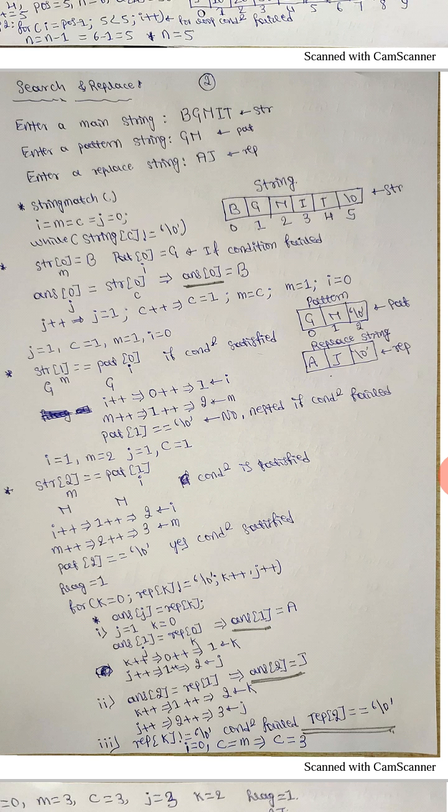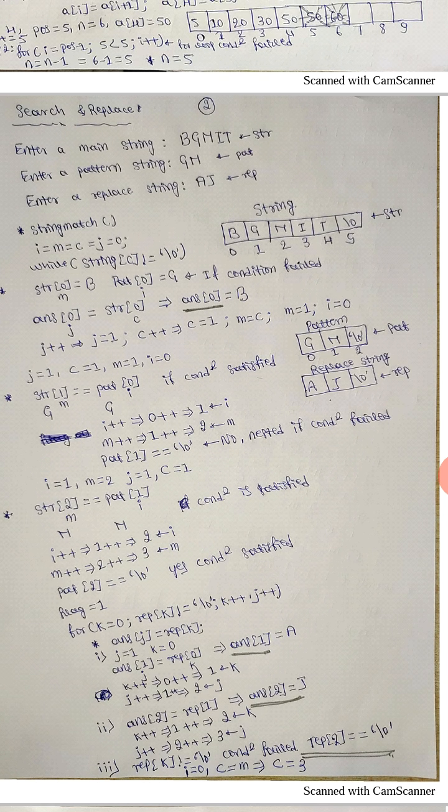As I have stated, we need to traverse the entire string. For that I am making use of a while loop, and I am reading character by character from my main string until my string reaches \0. I need to repeat the loop.